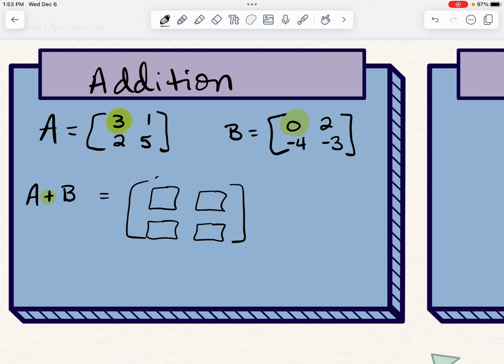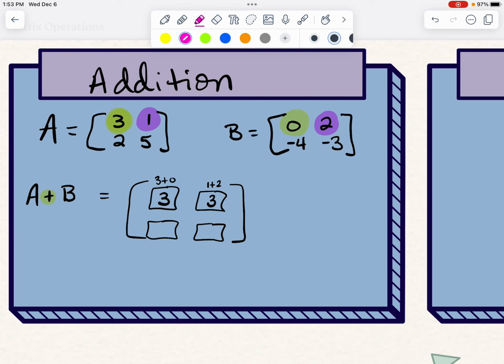So 3 plus 0 is just 3. Then we move to the second column in row 1 for both matrices and add those pieces together as well. 1 plus 2 is also 3.